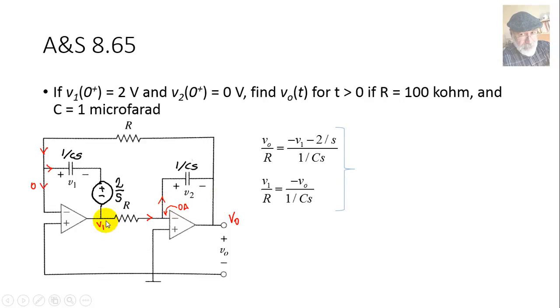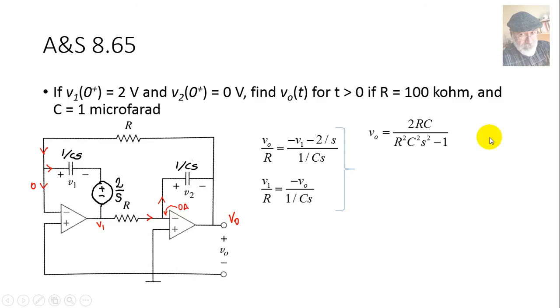Currents going in, V1 minus 0 divided by R, V1 over R, and that is equal to the only current leaving the node, 0 minus V0 divided by the impedance. Two equations, two unknowns, and we solve for V0, and this is what we get.